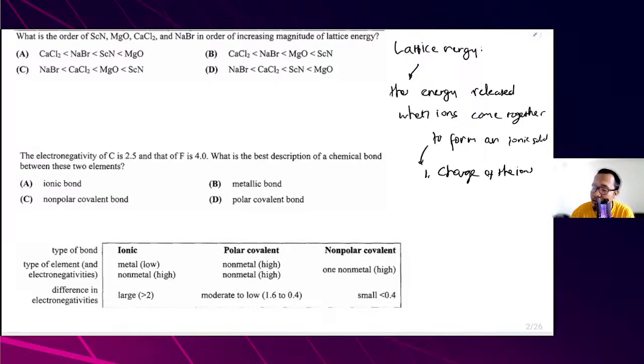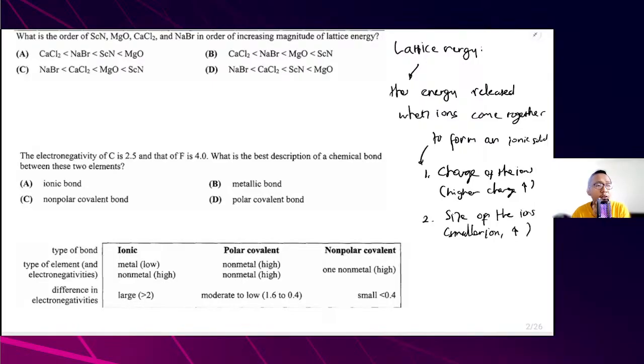Higher charge also increases the lattice energy. And then the second one is the size of the ions. Smaller ions will give us higher lattice energy.